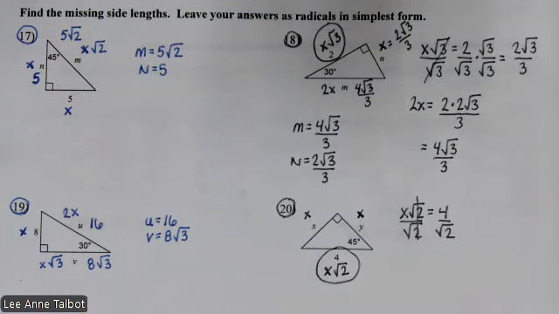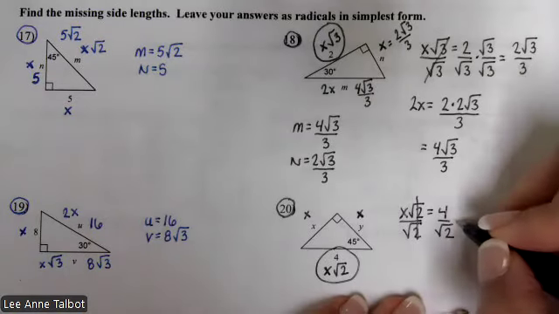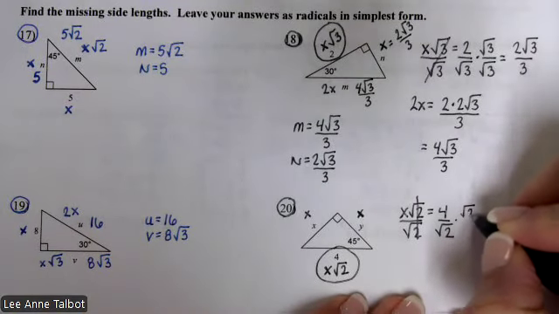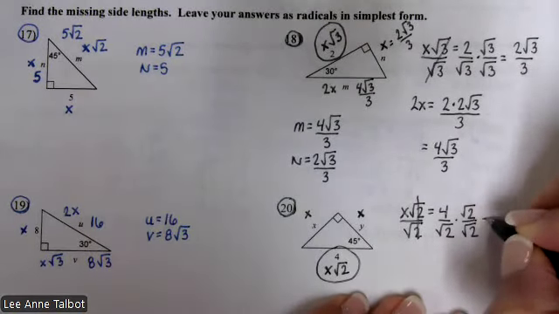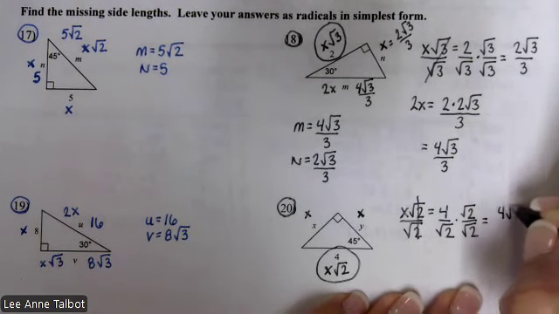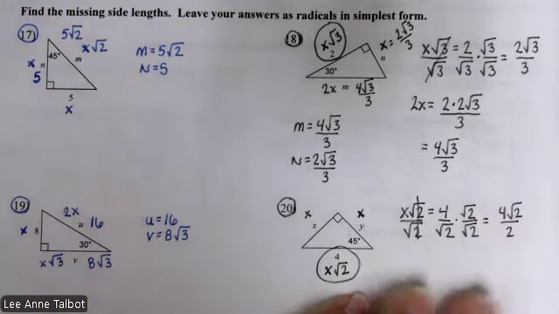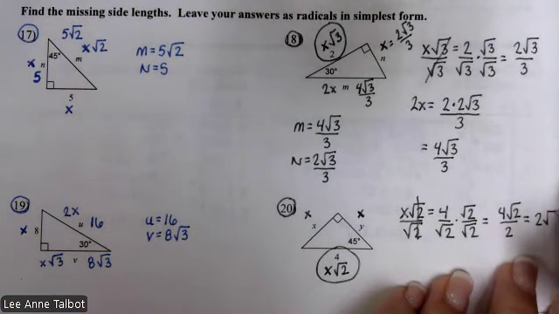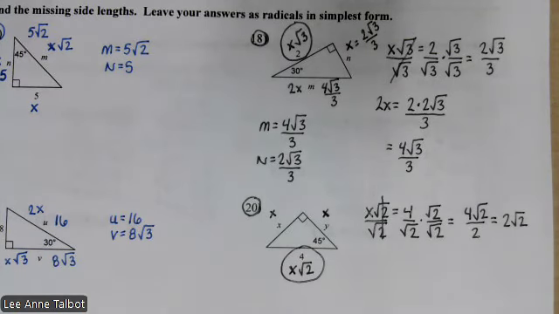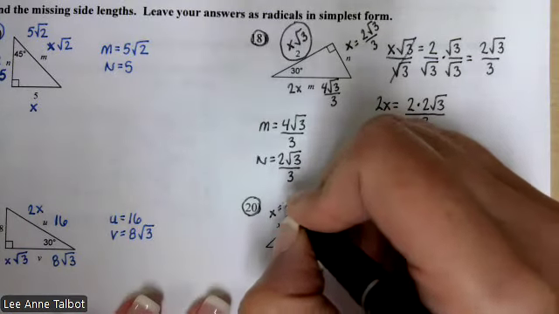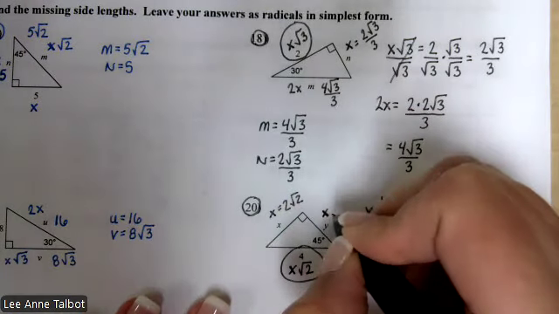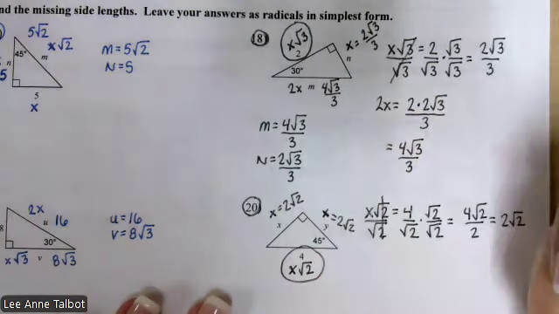Get x by itself. Okay, what should I multiply by? Beautiful. That's good. Okay, so 2 root 2, 2 root 2.